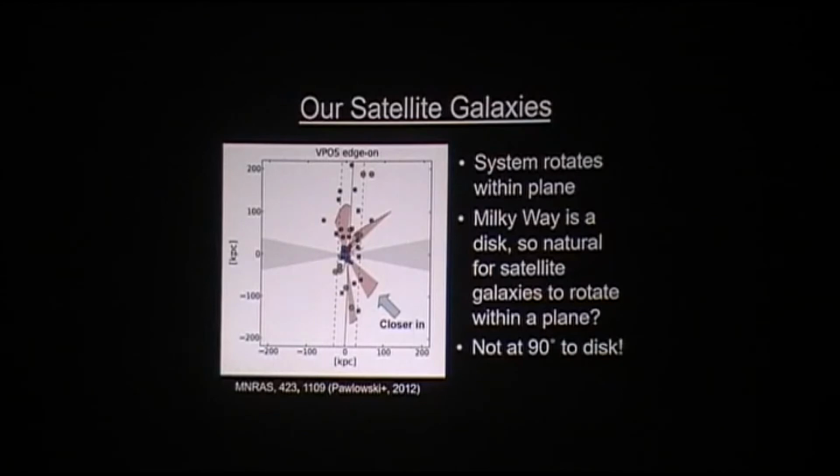First, the satellite plane is at right angles to the disk of the Milky Way, which is oriented horizontally. But more importantly, the scale is very large. The Milky Way disk is only this big, and this is much larger. So it's not really sensible for interactions between baryons like friction to operate in these extremely low density environments. It's unclear how they would settle themselves into a disk.